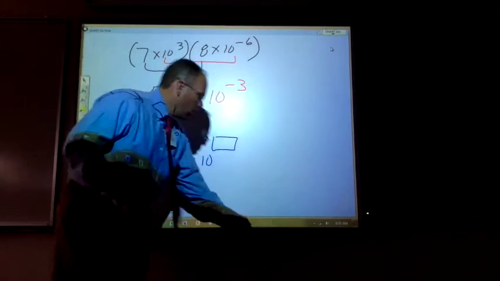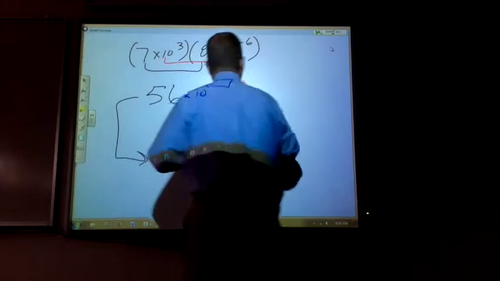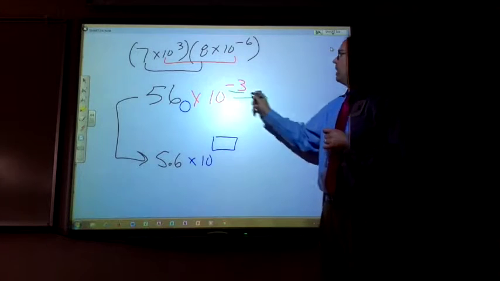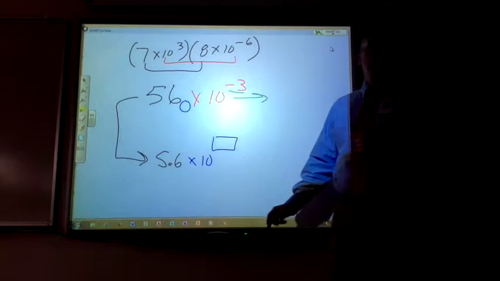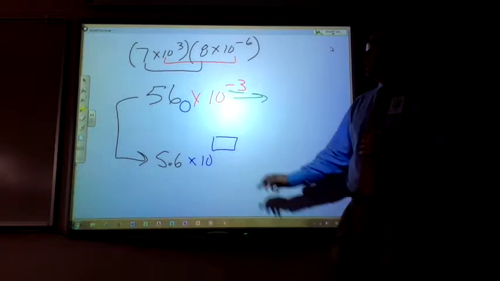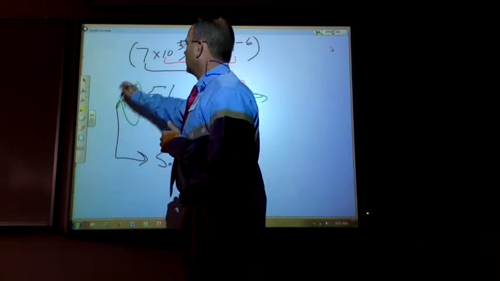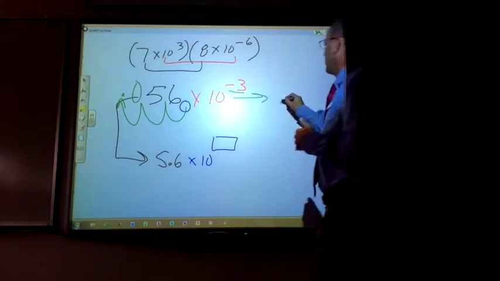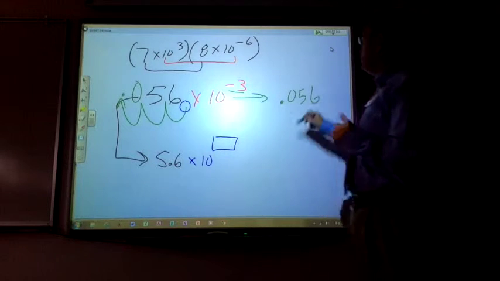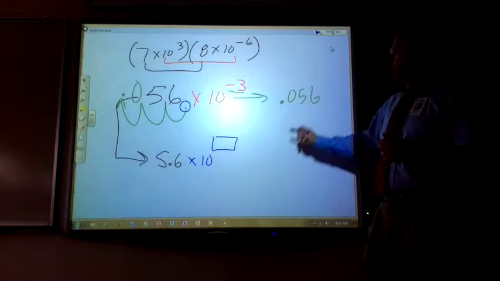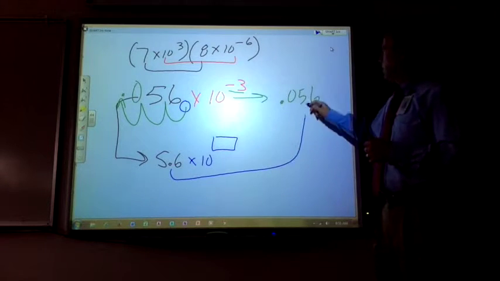Okay? If I were to write this in true decimal notation, not in scientific notation, what does this negative 3 do? Moves it which way? To the left, 3 spots. 1, 2, 3. I ran out of spots, but 0.056 is going to be the same thing. Okay? So now I want this decimal here.